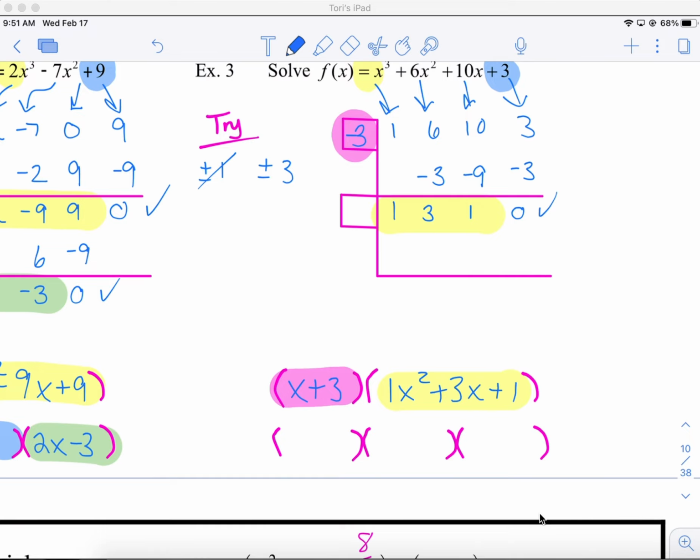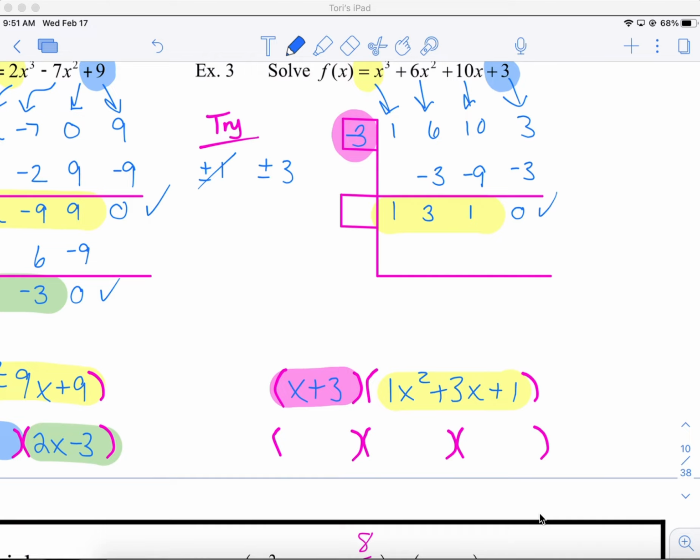All right, now we got to go again. We have already checked that 1, and he didn't work at all. So I don't have to check 1 again, just to be clear. Okay, if I look at this problem, hopefully you guys could probably look at this and think about the factoring already.